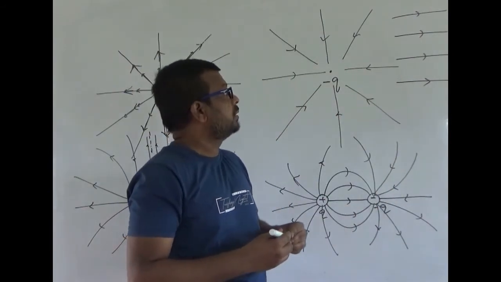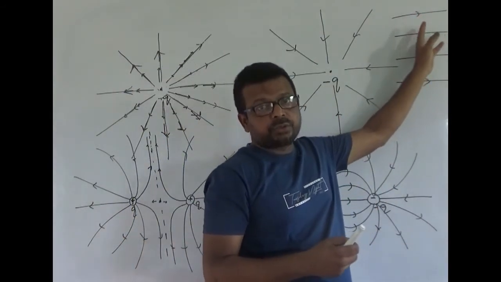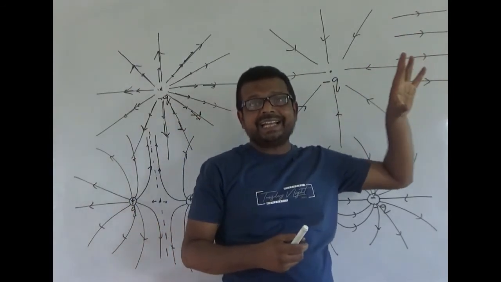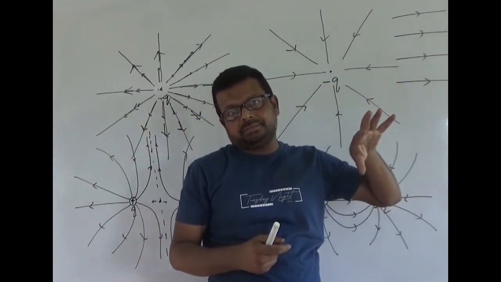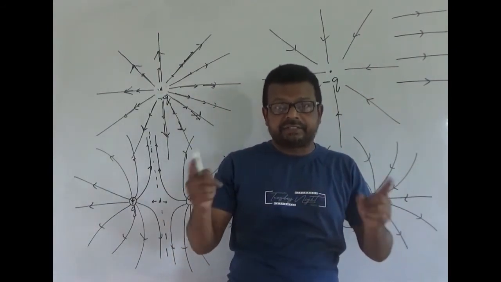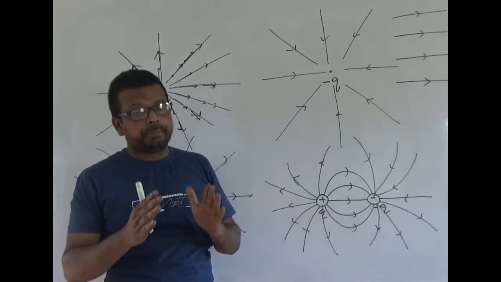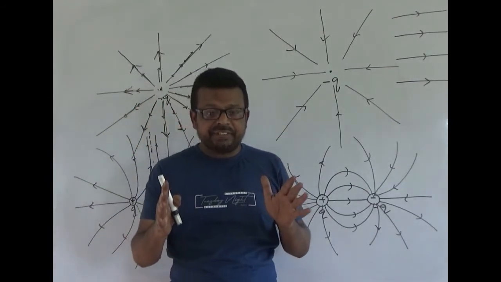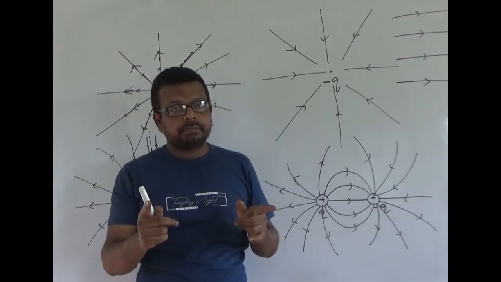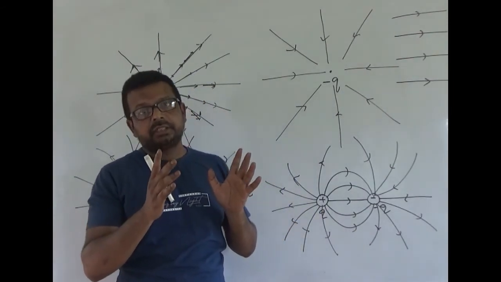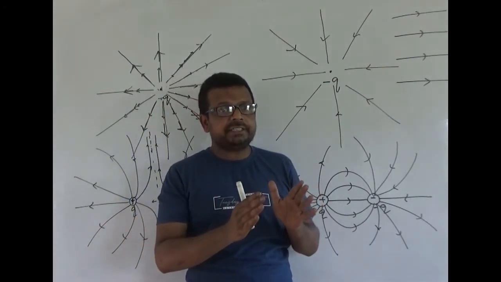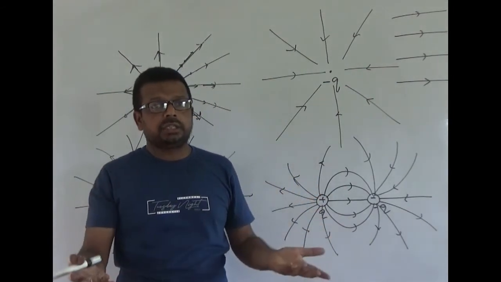That means the electric field lines of an electric field in which, at each and every point, the field intensity is the same, is called a uniform electric field. Uniform electric field means that at each and every point the electric field has the same intensity, the same magnitude and the same direction.